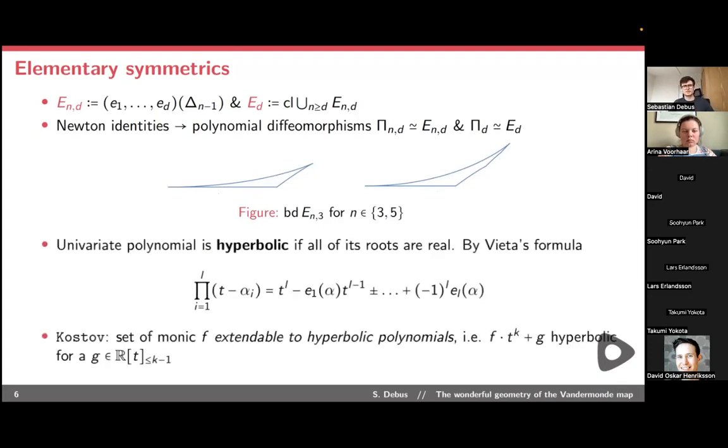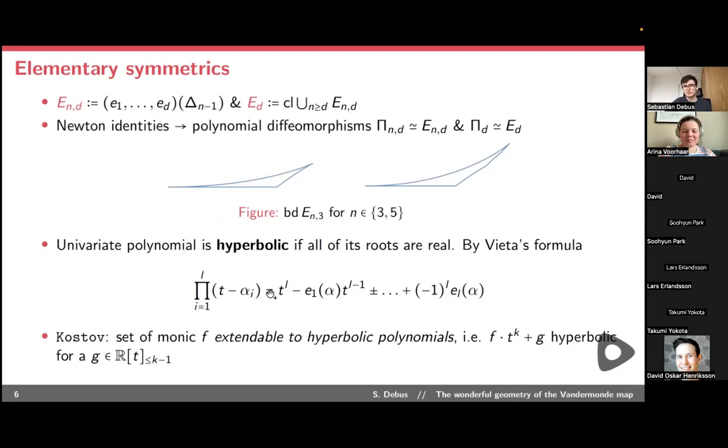But why is this related to hyperbolic polynomials? So one calls a univariate polynomial hyperbolic if all of the roots of this univariate polynomial are real. And you all know Vieta's formula, either from high school or from your first courses at university. So you're given a univariate polynomial and you write it as a product of the roots here.